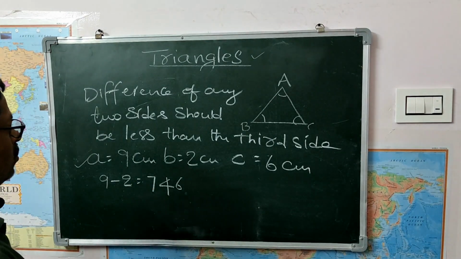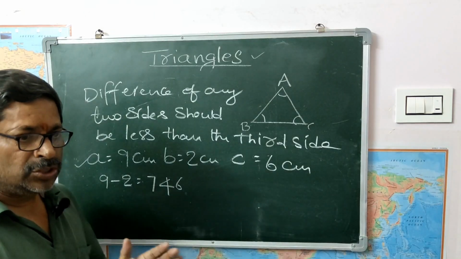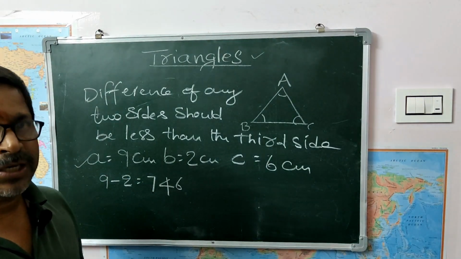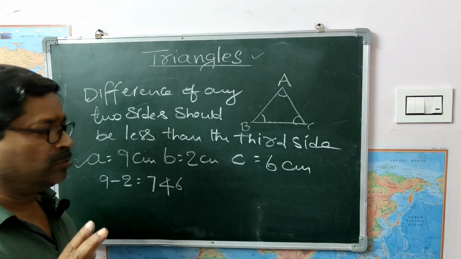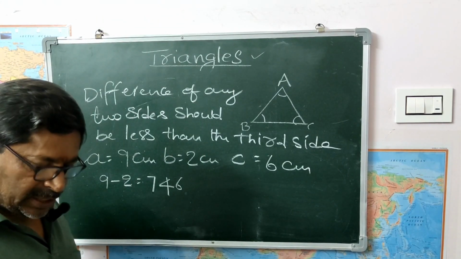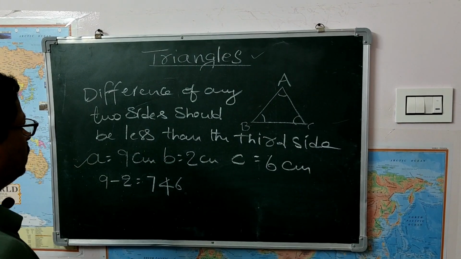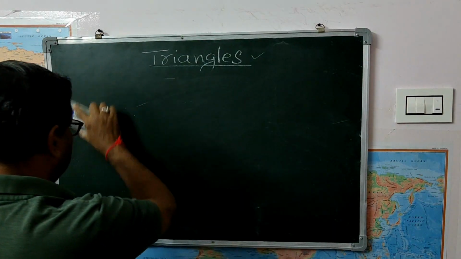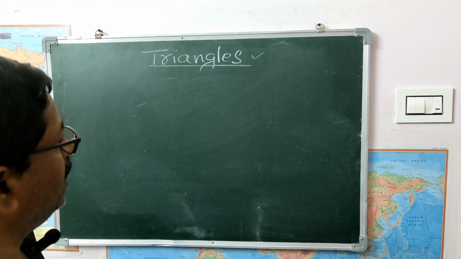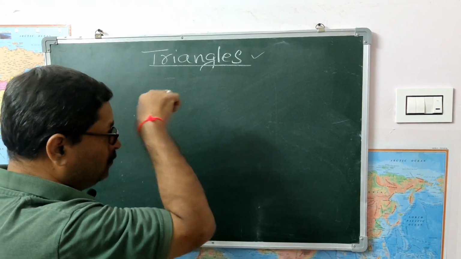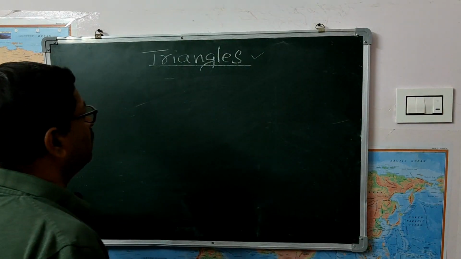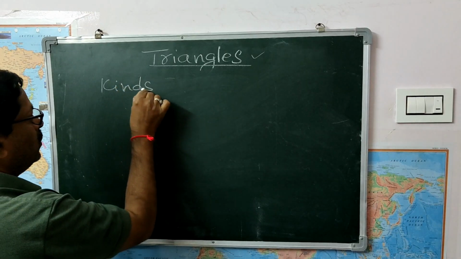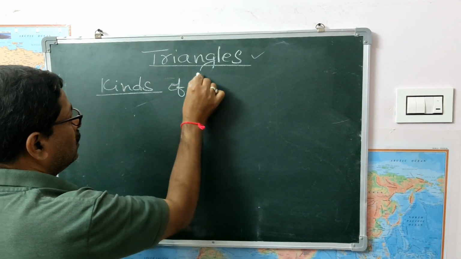Okay. So we have seen the two important properties along with the basic property, the sum of three angles. Now let us discuss the kinds of triangles. Classification of triangles, or kinds of triangles, if you call it that.